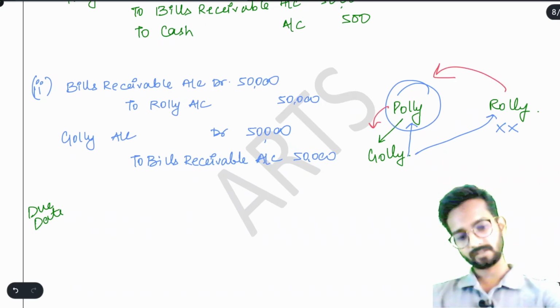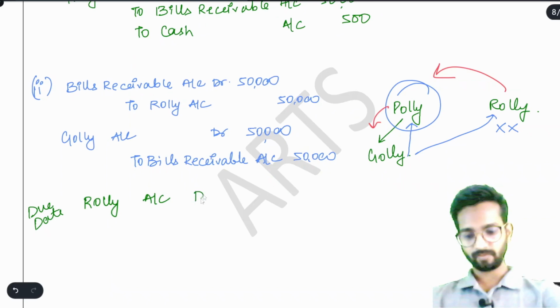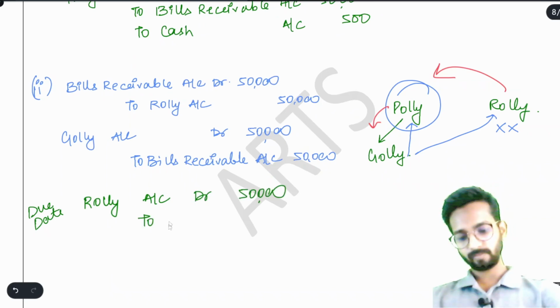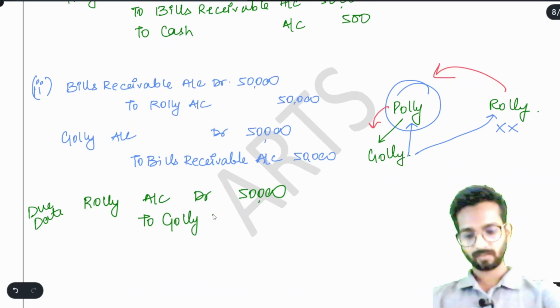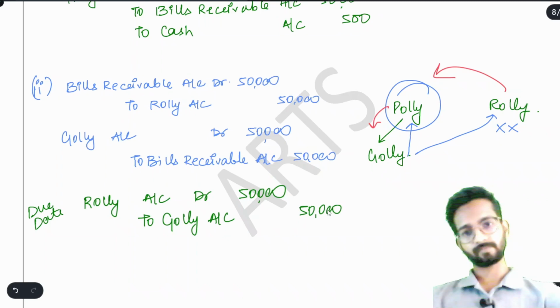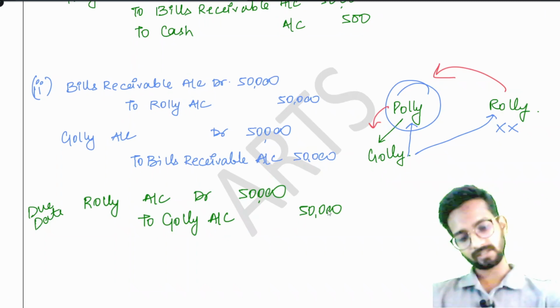So Polly writes: receive money from Rolly, so Rolly account debit, because we have to receive in future 50,000, and we have to pay to Golly, Golly account 50,000. Understood? Now understand this.